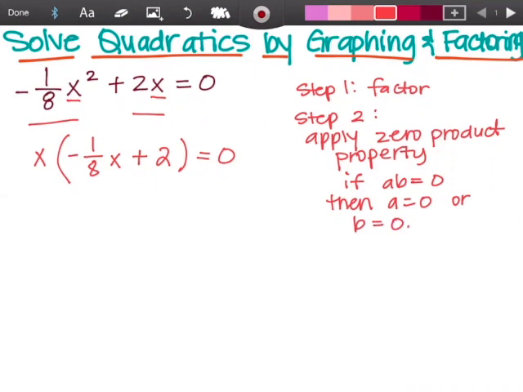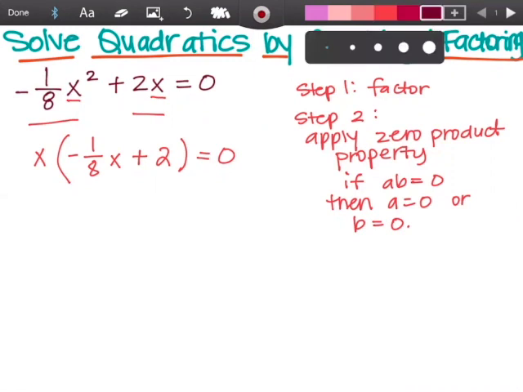So now we factored. Now we're going to apply the zero product property. So that means I am going to set both of my terms equal to 0.